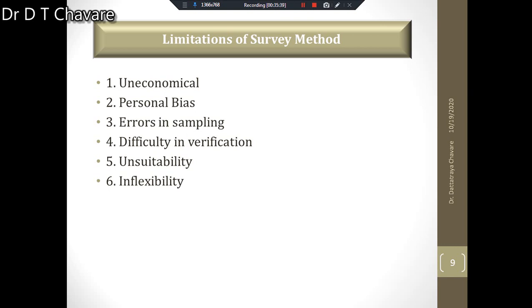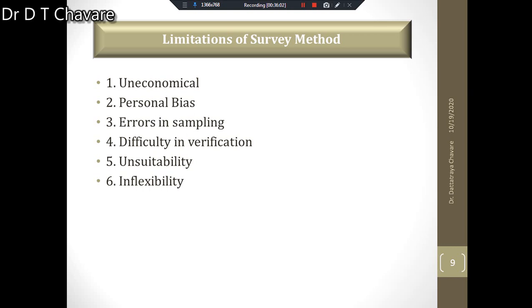Why is it said so? Often the survey method achieves only limited objectives and comes out with ordinary findings after consuming huge cost, effort and time. In conducting surveys, a large number of field workers are employed and given proper training.